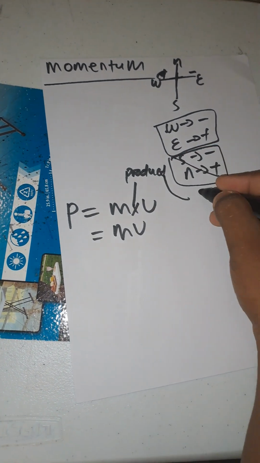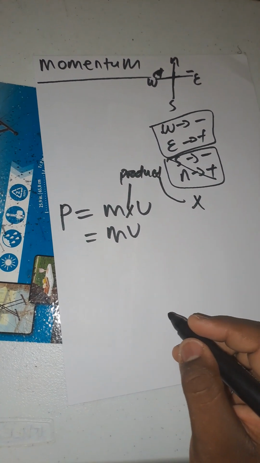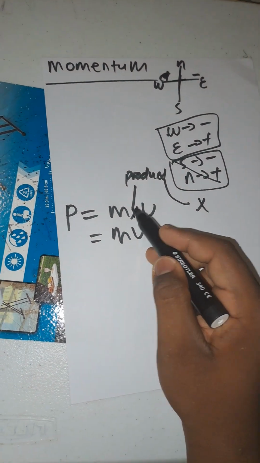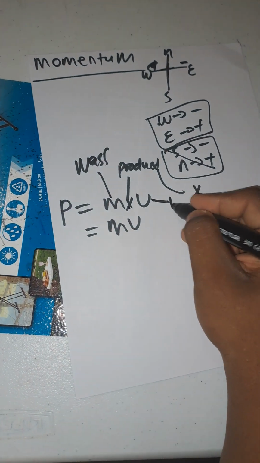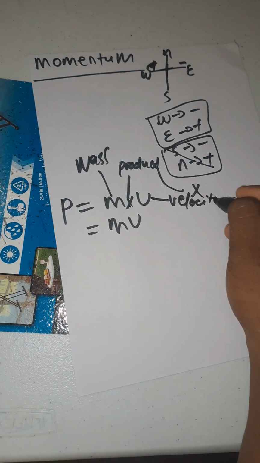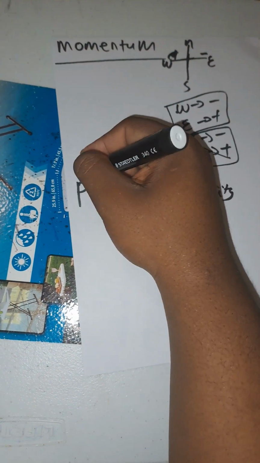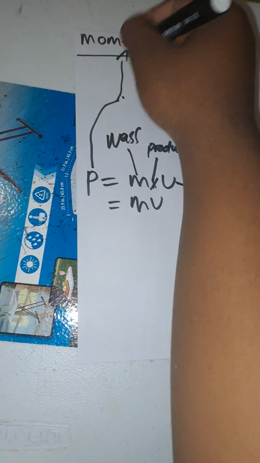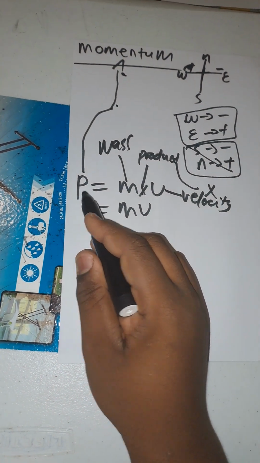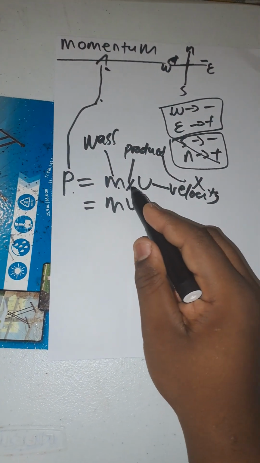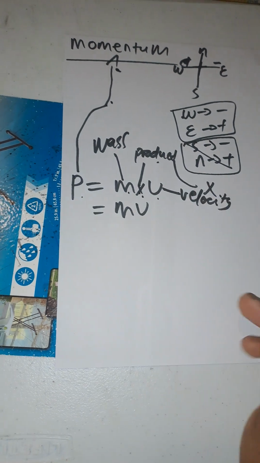Remember grade 8, they said the product is what? Multiplication sign. So momentum is the product of mass and velocity of an object. P is the momentum, m is mass, times is the product, and v is the velocity.